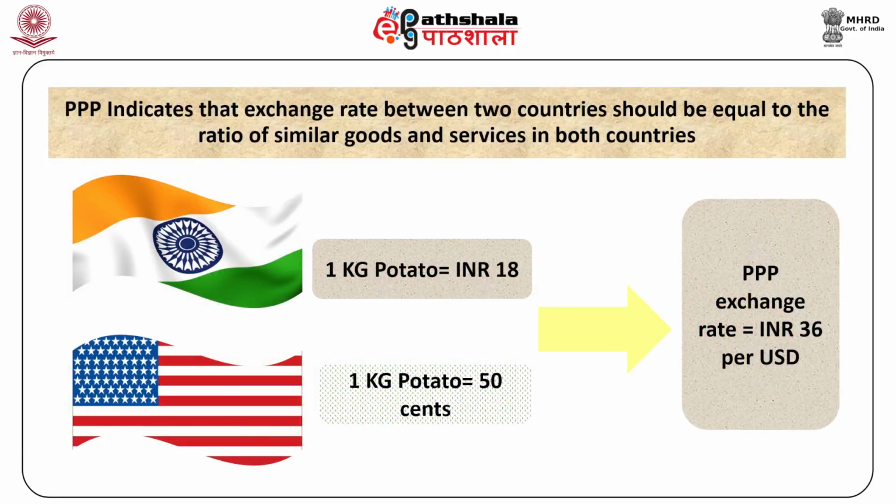PPP indicates that exchange rate between two countries should be equal to the ratio of the prices of similar goods and services in both countries. For example, if 1 kilo of potato costs 18 rupees in India and similar quantity and quality of potato costs 50 cents in USA, then the PPP exchange rate would be 36 rupees per USD. This is the absolute version of the theory of purchasing power parity.